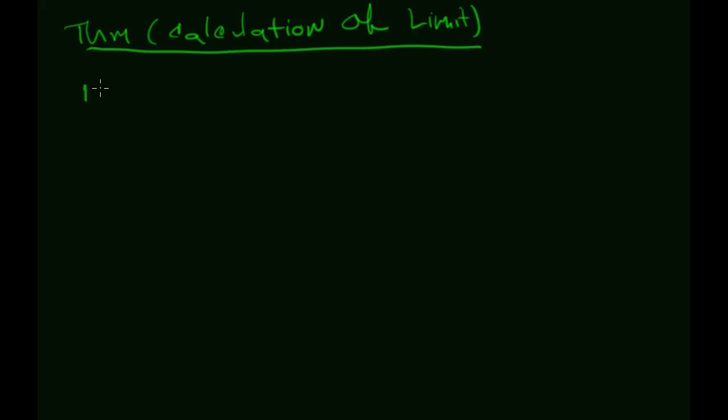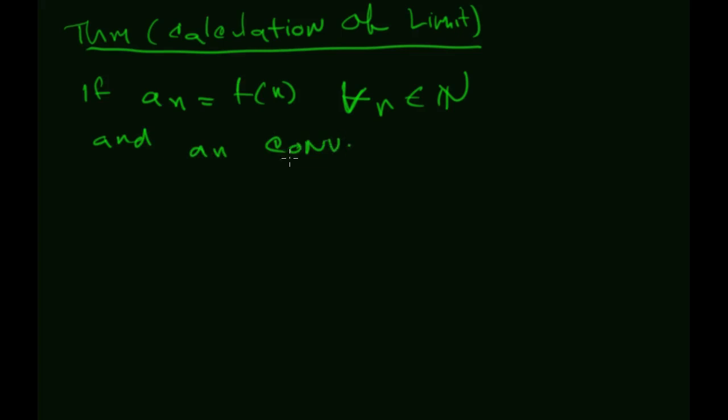Basically, if a sub n is equal to f at n for all n natural numbers, so all of the counting numbers, and a sub n converges, so that means the limit exists, and f is continuous. Okay, so I have a continuous function and a convergent sequence.